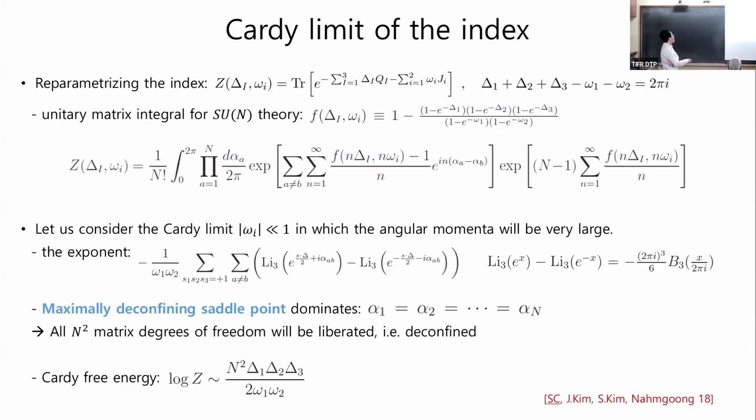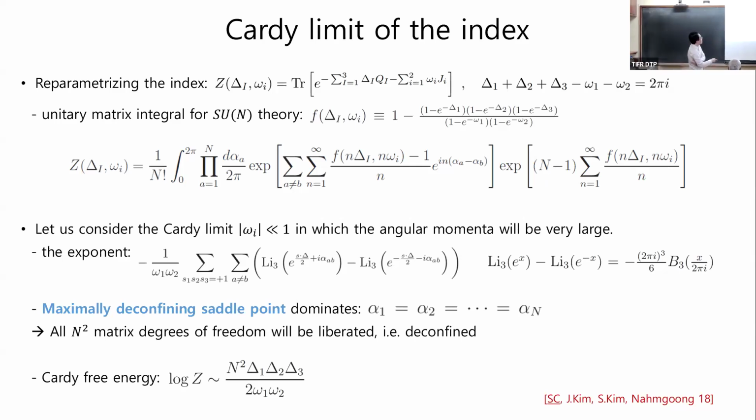So the saddle doesn't depend sensitively on the real part or imaginary part, because we are considering these limits. But if you slowly increase the omega, of course, they will depend on it. But at leading order, they just have the same number.